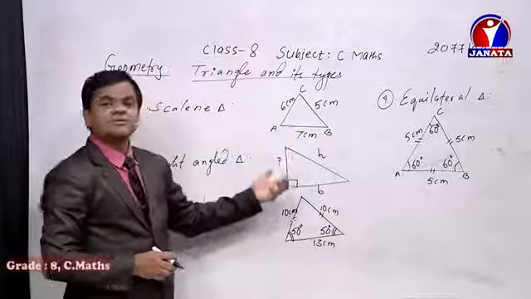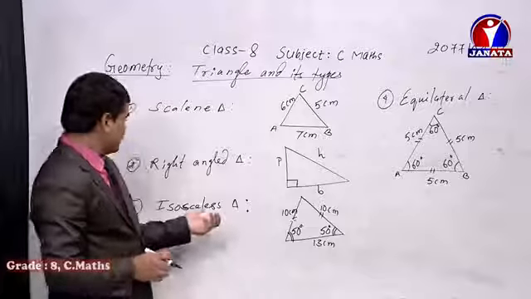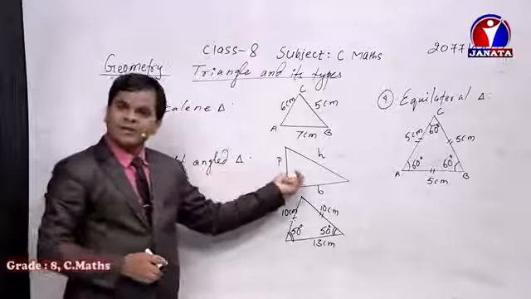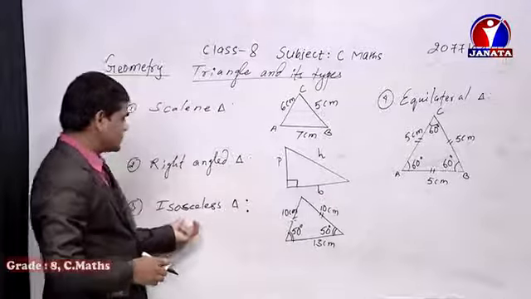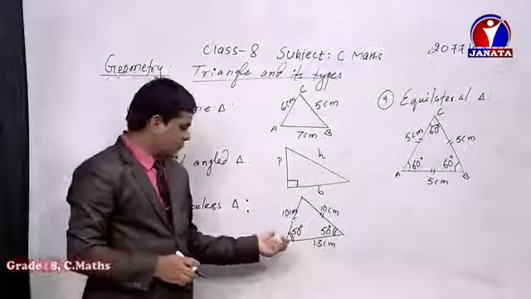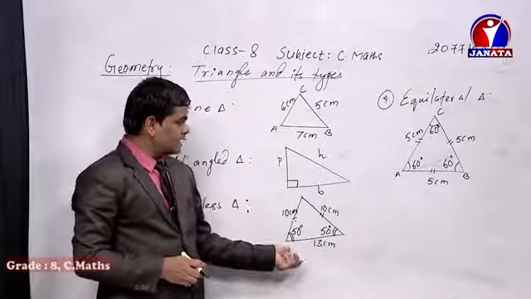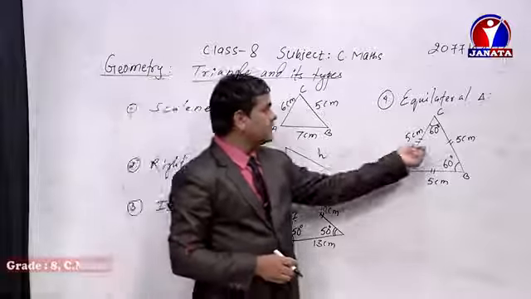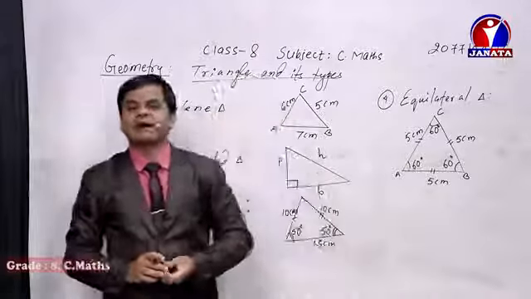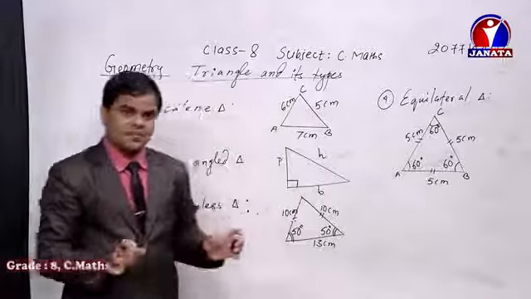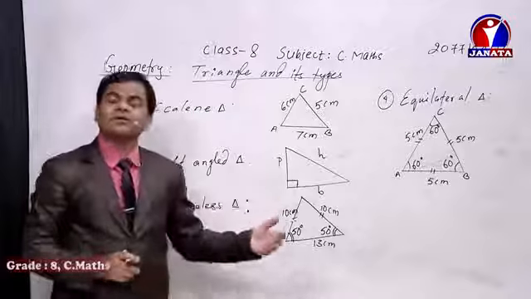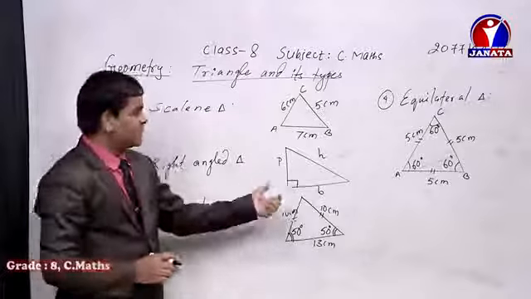But no need to write it, as it is the geometry chapter. For a right angle triangle, it is 1/2 perpendicular into base. For an isosceles triangle, it is a/4 root under 4x square minus a square. And in case of an equilateral triangle, root under 3/4 a square. But I am not going to write all these things, because in the geometry chapter these are not necessary.